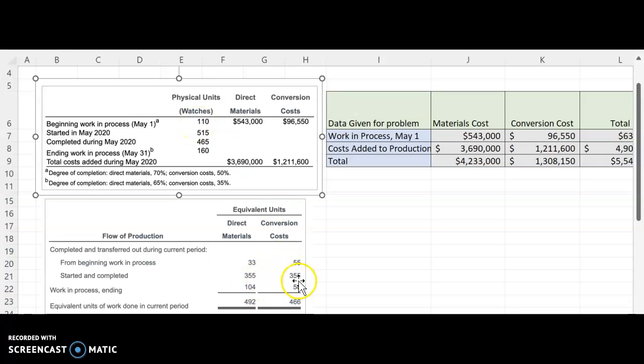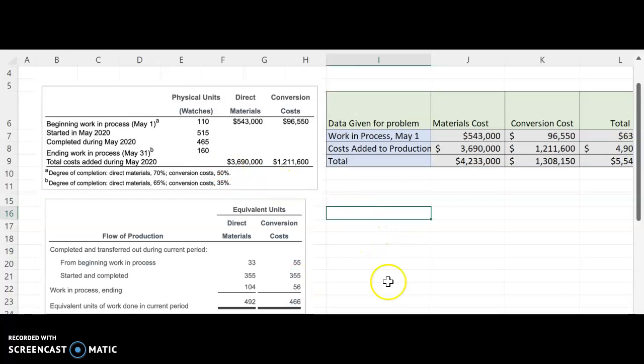Now, started and completed, the way that you're going to get that is, well, we completed 465. We know that. And they didn't give us our started and completed numbers, so we're having to figure that out. We completed 465, but the sum of this is the 110 that we're going to move out first, okay?